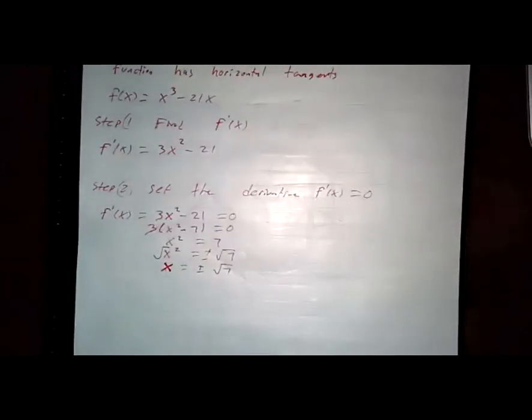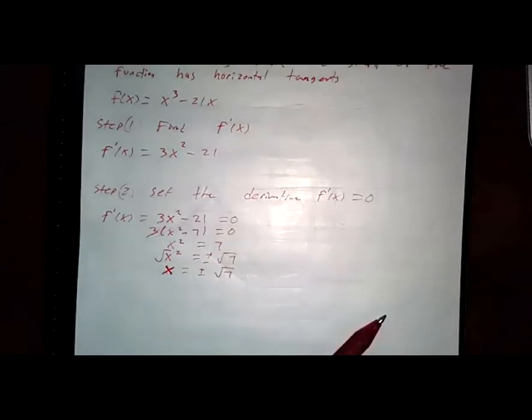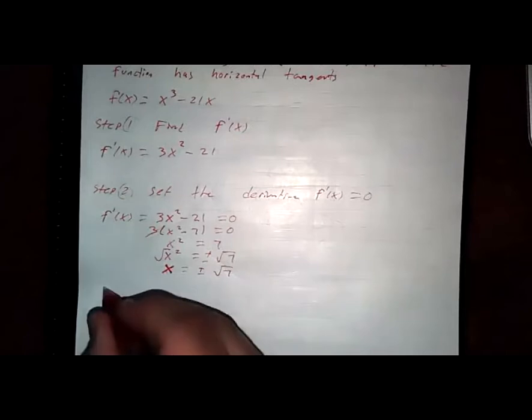So let's see. It said find the points. Let me check the answer, if they want the coordinate or just the x value. I think it's just the x, but yeah, they do want the coordinate. Okay. So step 3. That means we have an extra step.